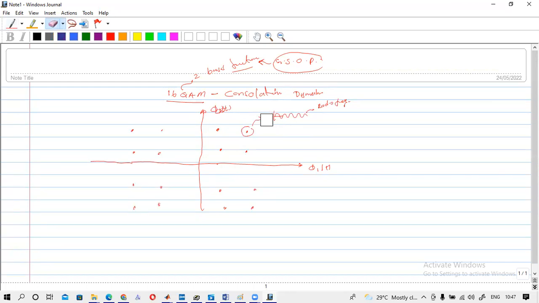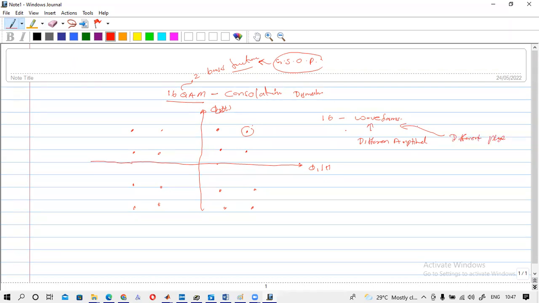So we have 16 symbols. In other words, we have 16 waveforms, with different amplitudes and different phases.